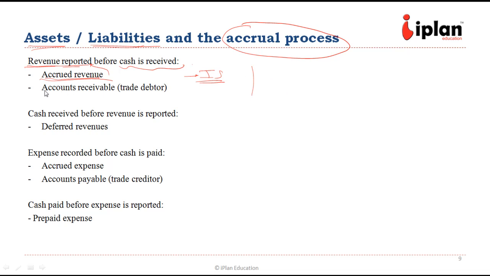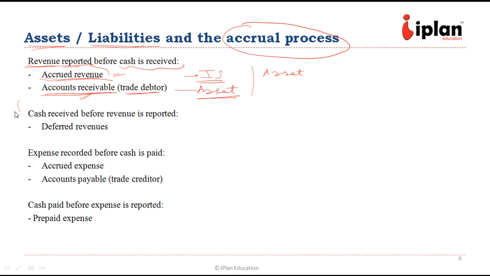So this accrued revenue is our asset. Similarly, we can have accounts receivable. If we have supplied the goods to the customer but we have not yet received the cash, this is accounts receivable, which is an asset.